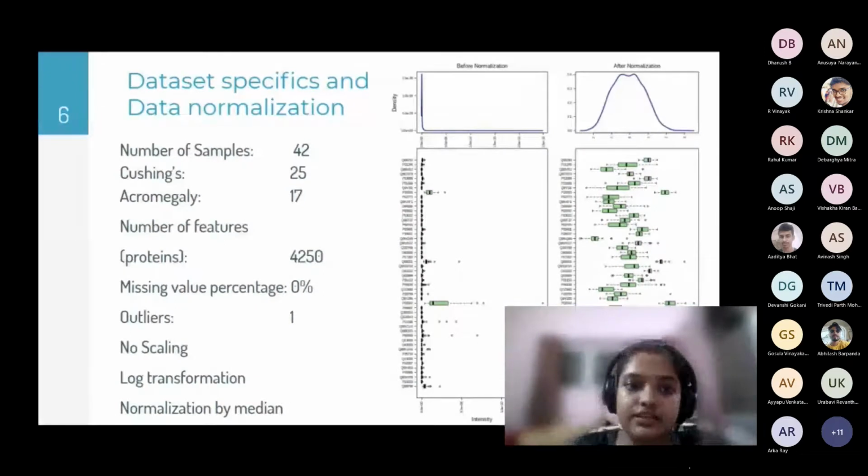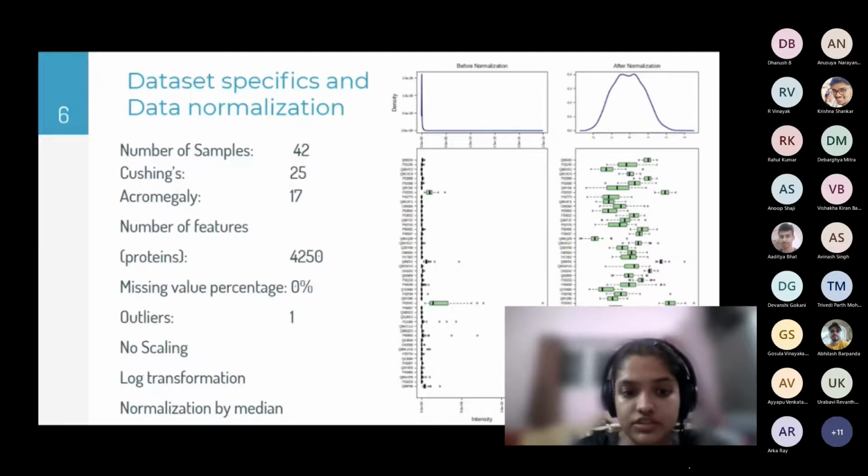The dataset specifics and the data normalization are as shown below in MetaboAnalyst. I was given 42 samples, 25 of which were of Cushing's patients and 17 of acromegaly patients.